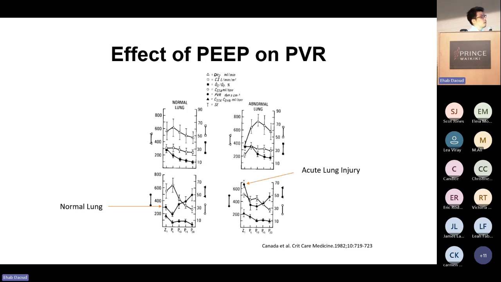And then in acute lung injury, in contrast, when PEEP is 0, it's the highest PVR. And as PEEP goes up, it goes down, and eventually it describes a U-shaped curve. So apparently at a PEEP of 10, or maybe somewhere between 5 and 10, or even 15, PVR was lowest. So this is different between acute lung injury and normal lung.